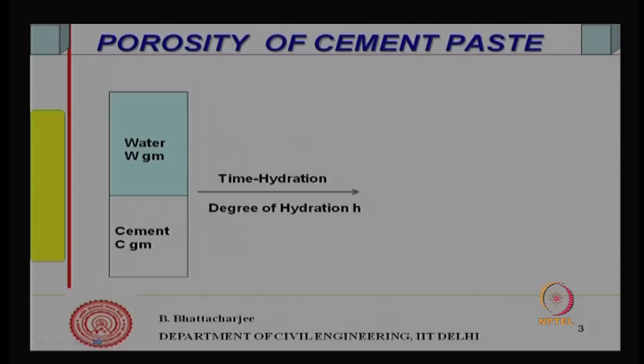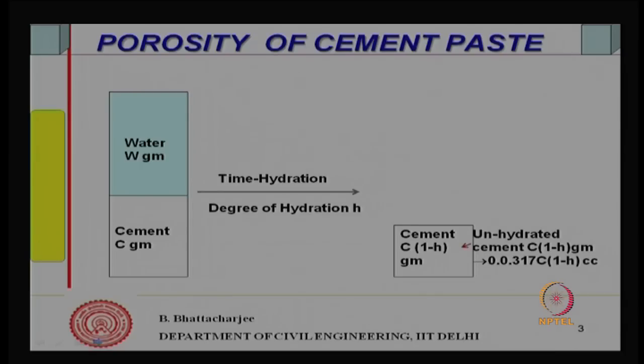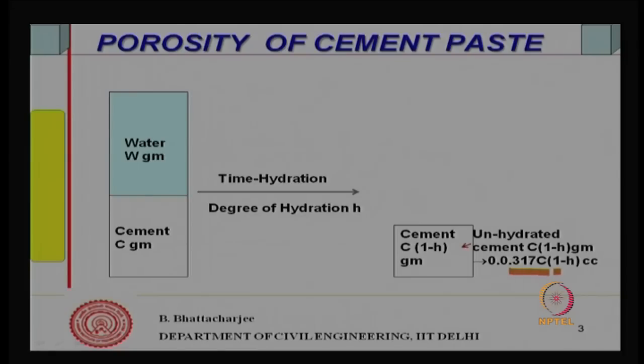Let us say our degree of hydration is H. Then, H is the fraction of cement hydrated, so the fraction remaining unhydrated will be C into (1 minus H) by mass, and the corresponding volume, the specific gravity of cement being known, is 0.32 C into (1 minus H). This is the unhydrated cement.